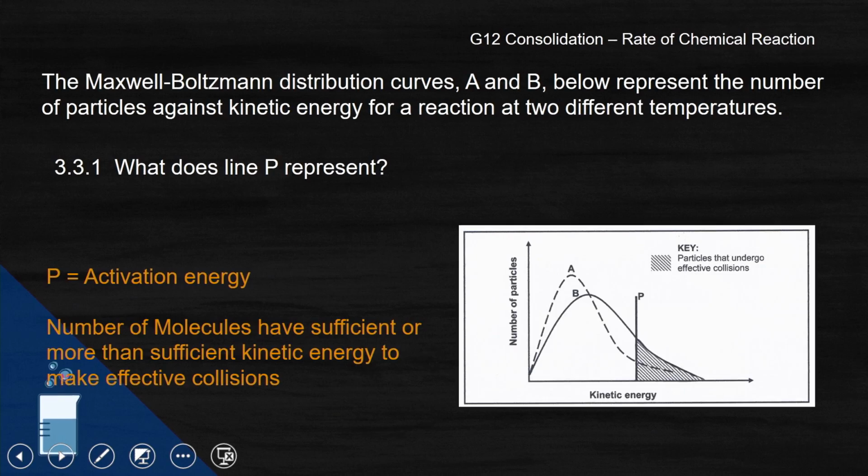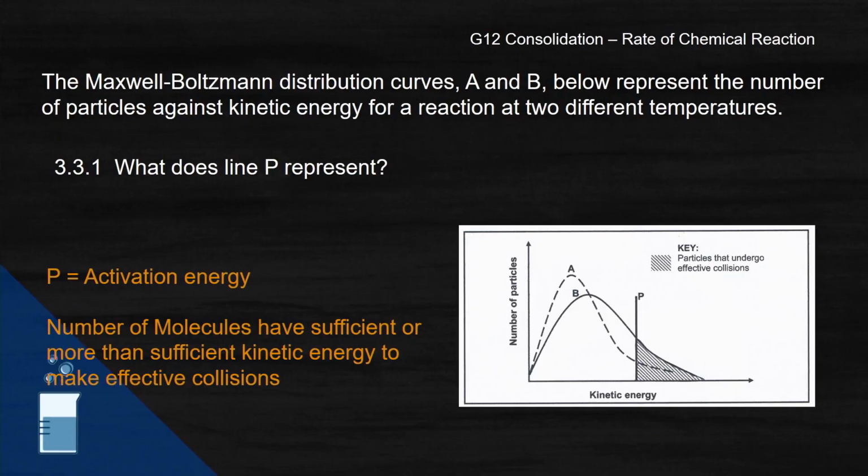This question is a lovely question. It is about the Maxwell-Boltzmann distribution curve. So if you look at the slide, you'll see the Maxwell-Boltzmann curve. There are 2 curves, curve A and curve B. This represents the number of particles and their kinetic energy in a reaction.